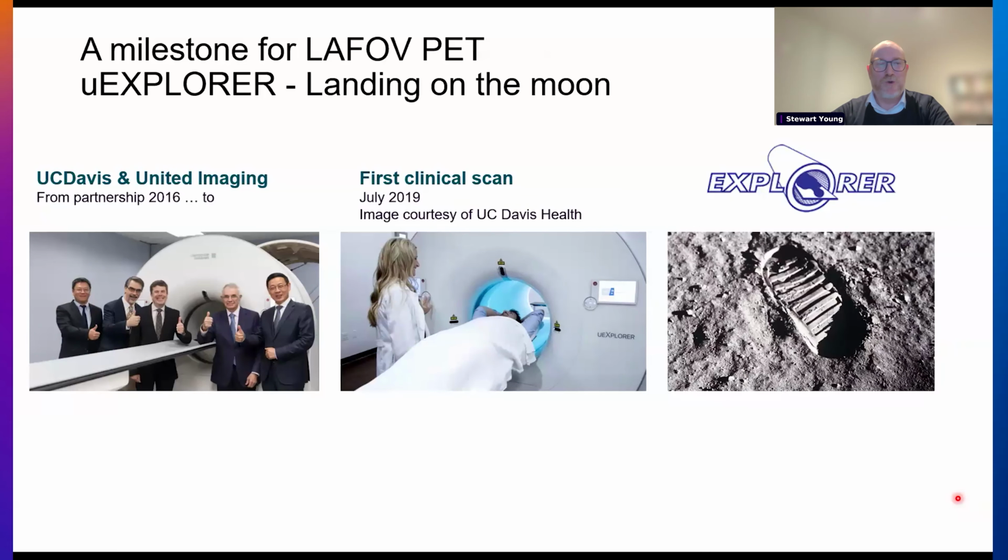I've shortened the story here to when United Imaging came on board in 2016 to the Explorer Consortium, and within a short space of time of 3 years was able to put the Explorer Consortium together with the scanner that created the first clinical scans in 2019. I gave it the tagline here, landing on the moon, putting the first footprint on the moon, an Apollo 11 moment for the field of long axis field of view PET imaging.